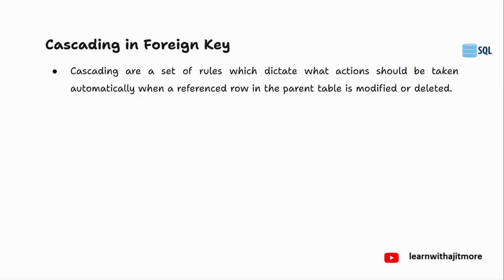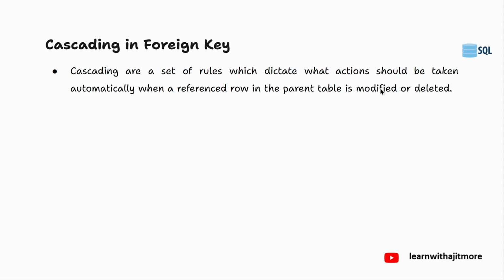These are the rules which are to be performed automatically when the parent is deleted or updated. And these rules are to be performed on whom? On the child who are referring to that parent. Okay? So cascading is a set of rules which dictate what action should be taken automatically when a referenced row in the parent table is modified or deleted.